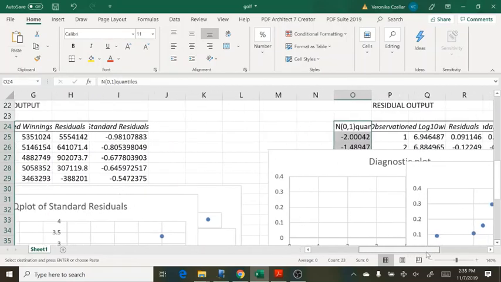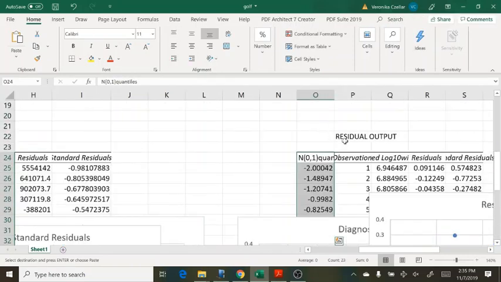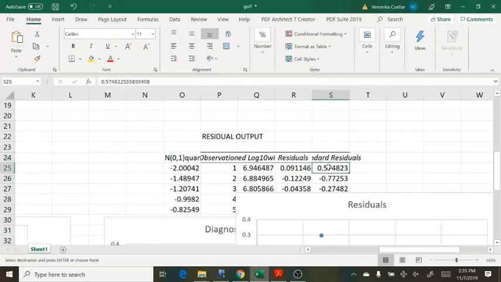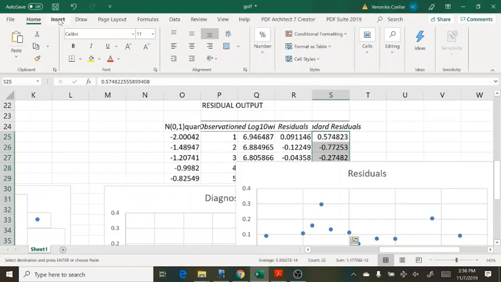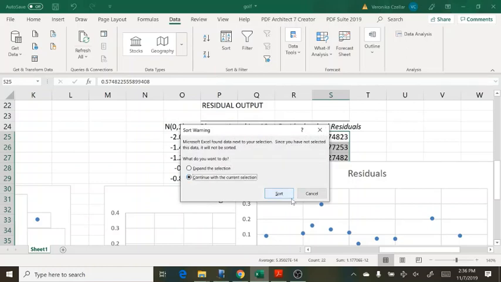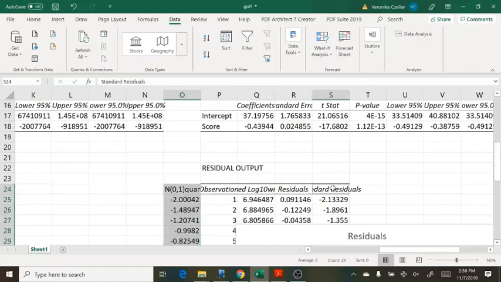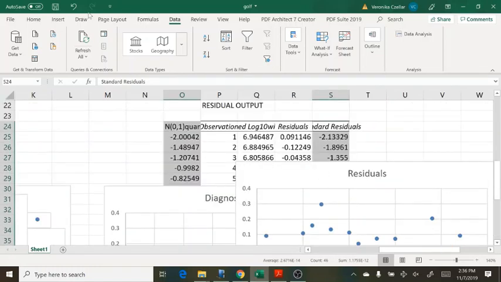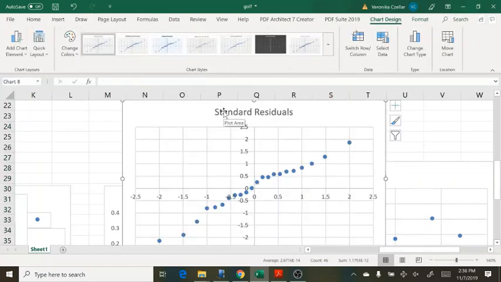And now I draw a scatter plot of my standard normal quantiles and standardized residuals, but I need to sort them again in order to form the quantiles. If they are sorted, they are naturally sample quantiles, and I do not expand the selection. So I plot these against these. Insert, scatter plot. Now, this is also a QQ plot, but for my second model.